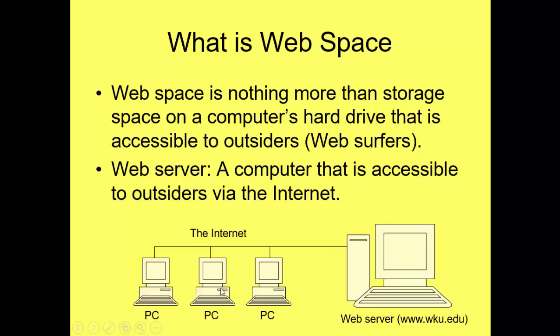These computers over here are supposed to represent people using computers like you and me, just your typical viewers of web pages. And when you request a page from a web server, when one of us says, hey ESPN, give me your home page, the web server serves it up to us. That's why it's called a server. And the web space from which that is provided to us is simply a hard drive.